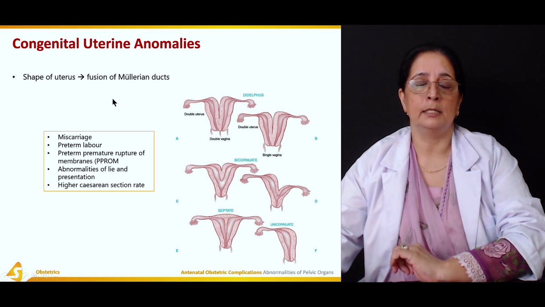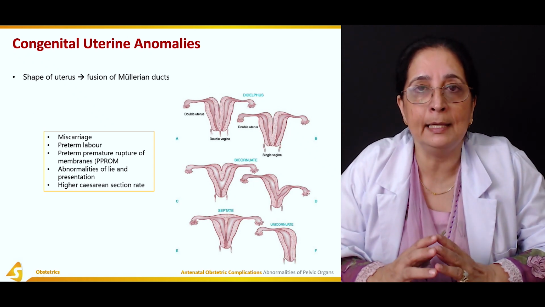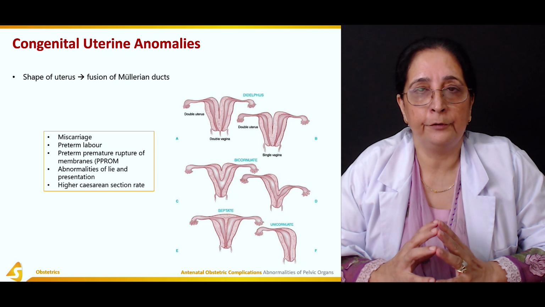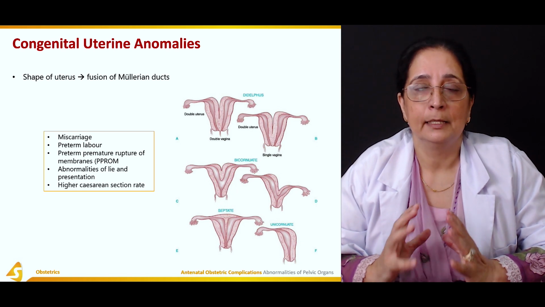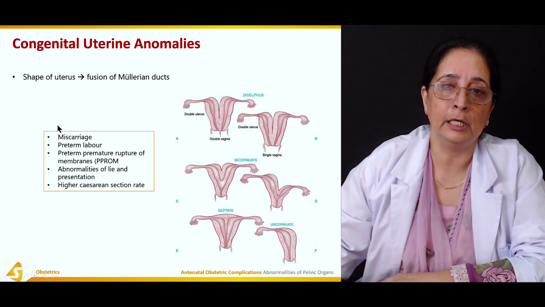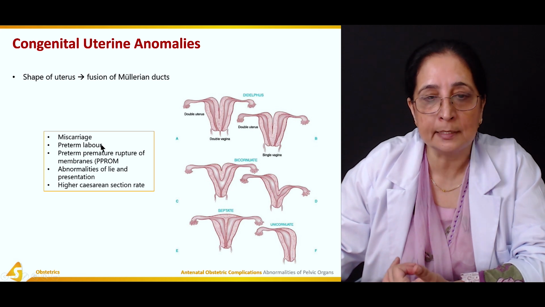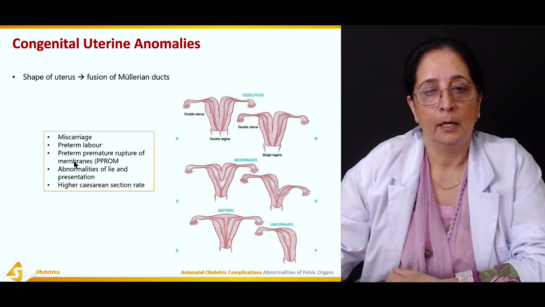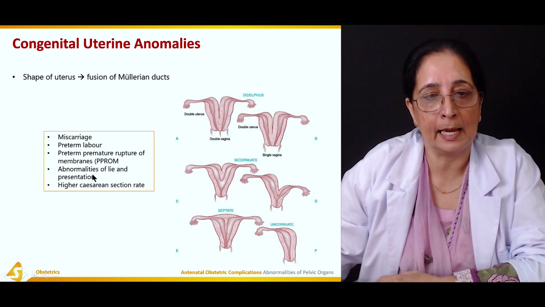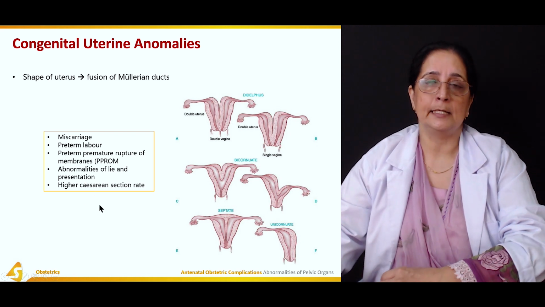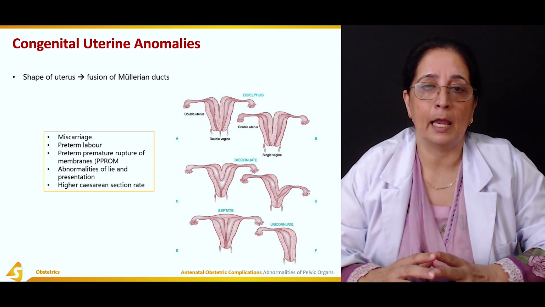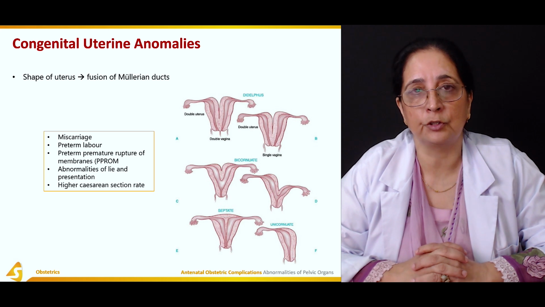The congenital abnormalities mainly affect the shape of the uterus, and it is the fusion of the Mullerian ducts that gives the shape to the uterus. And if there is an anomaly of the shape of the uterus, it can lead to miscarriage, preterm labor, premature rupture of membranes, abnormalities of lie and presentation, and high C-section rate. So all these complications can occur if there is abnormality of the uterus.